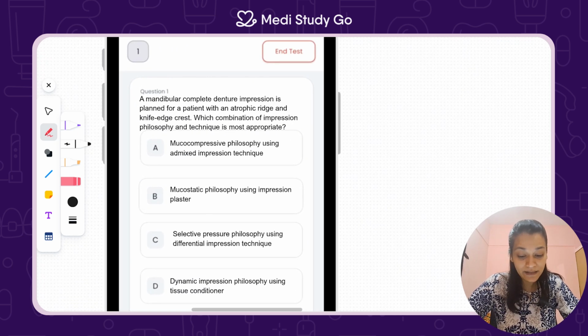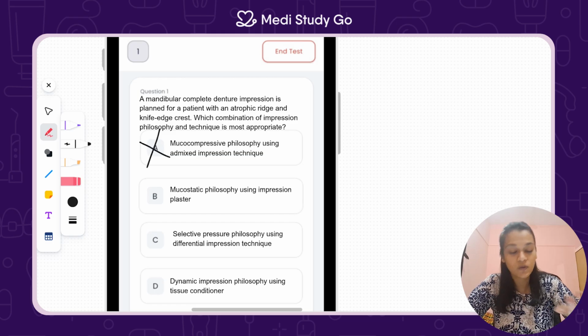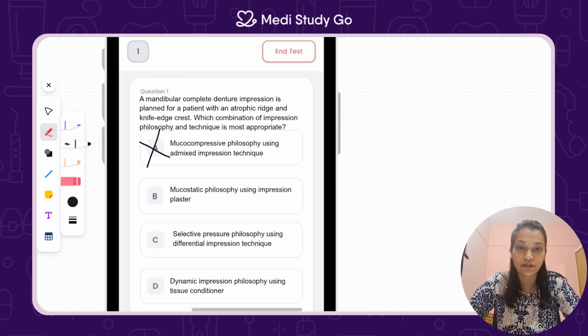A mandibular complete denture impression is planned for a patient with an atrophic ridge and knife edge crest. So this is the combination. Which combination of impression philosophy? Mucocompressive goes out of the options first. No compression. It's already knife edge. Do I want to apply compression onto the tissue?